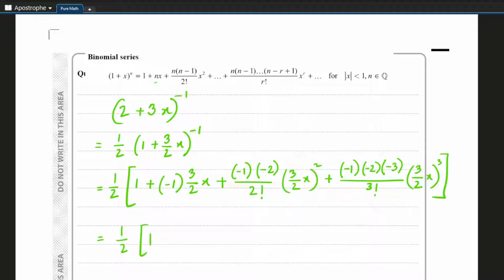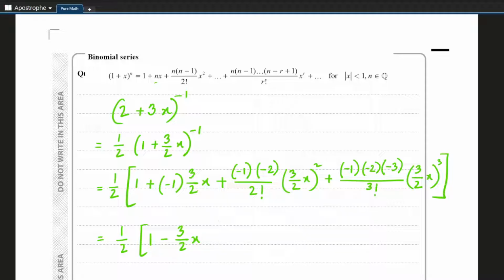Half, 1 minus 3 over 2x. We stopped here because the question said we only have to take up to and including x cube. We can ignore all the terms after that. If we simplify, then we have 2 over 2 times 9 over 4.